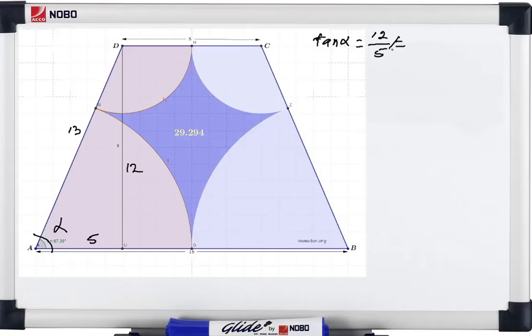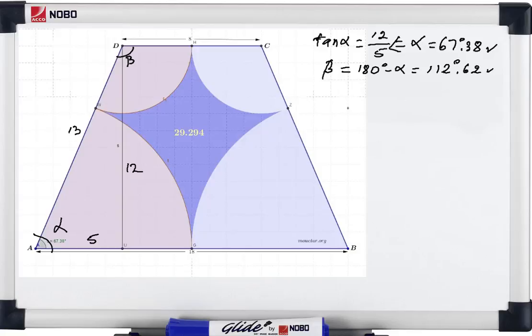If we calculate the inverse tangent of 12 over 5, we find 67.38 degrees. You can check that with your calculator. And since we have that, we know that beta is equal to 180 minus alpha, which yields 112.62 degrees.